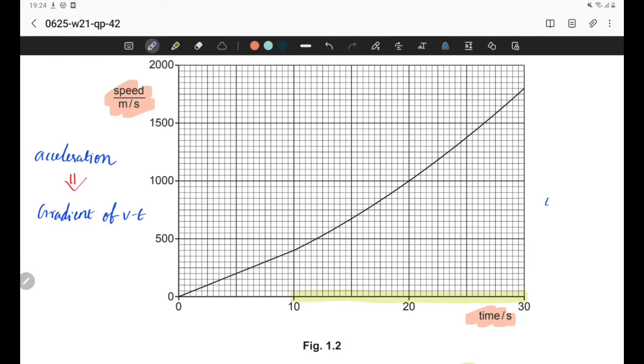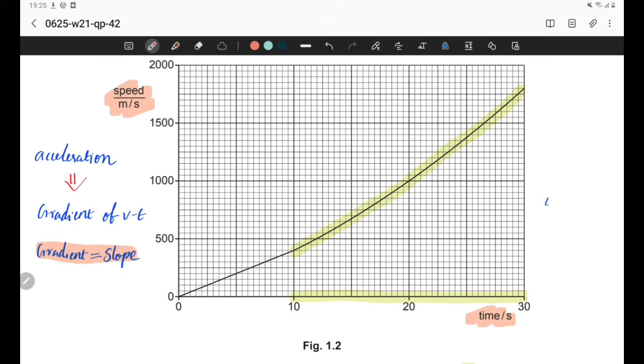So here, in the time interval 10 seconds to 30 seconds, we just need to check how the gradient changes. Gradient of a graph is nothing but the slope of the graph. So we can simply check how the slope changes.